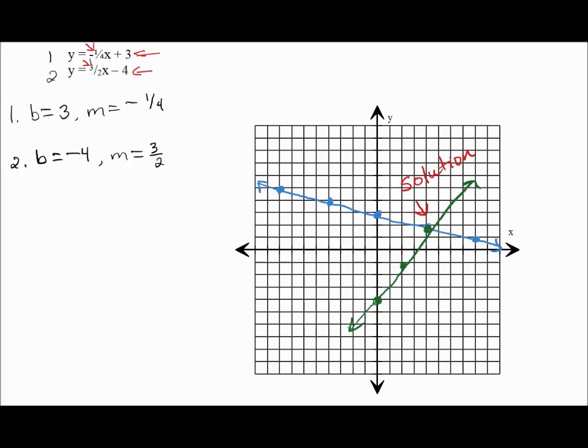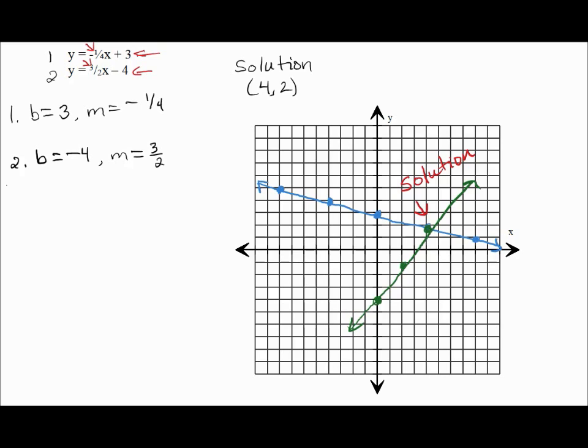In order to get to this point, I'd move over 1, 2, 3, 4 units and up 1, 2. So that means that the solution here is (4, 2).